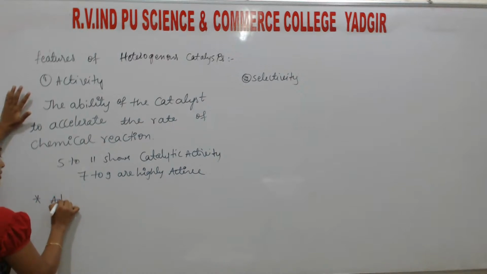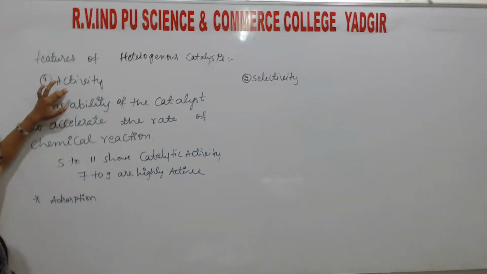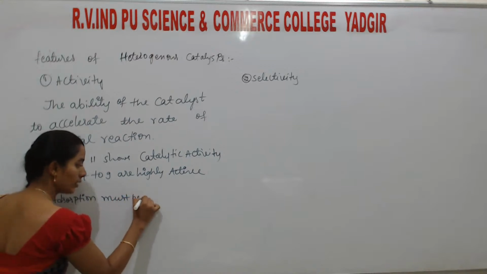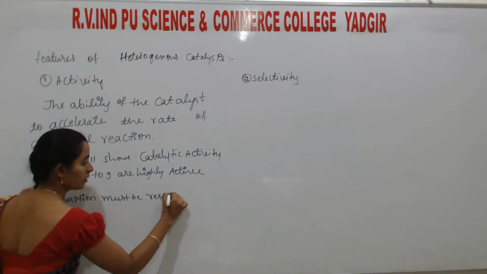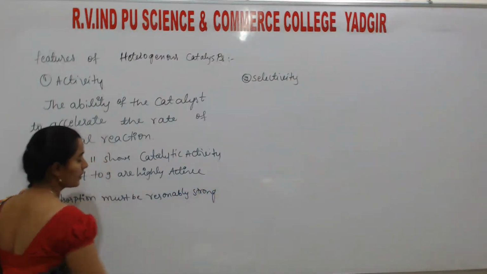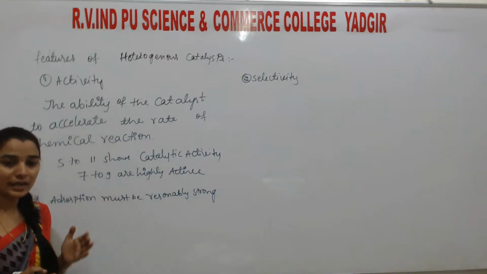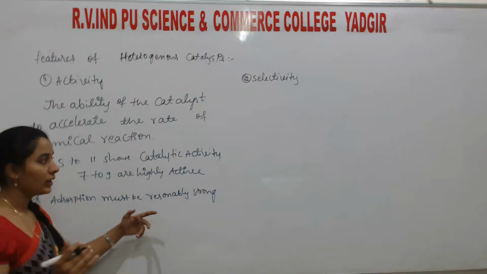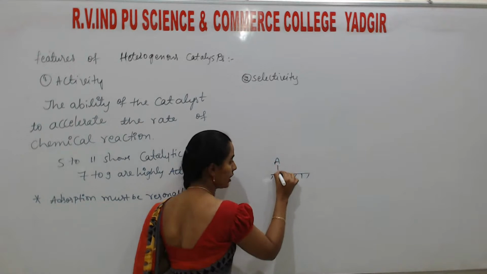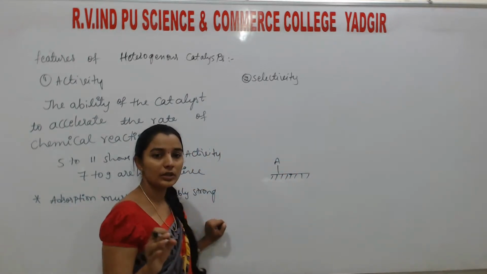What are the reasons to show this activity? Adsorption must be reasonably strong. Means the adsorption is only that much strong that it can easily adsorb and easily desorb. Listen, if the substrate, if any A molecule is there, and the bond between these two is very high, there is no possibility of any reaction taking place.